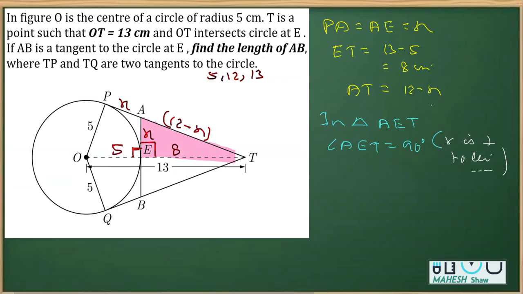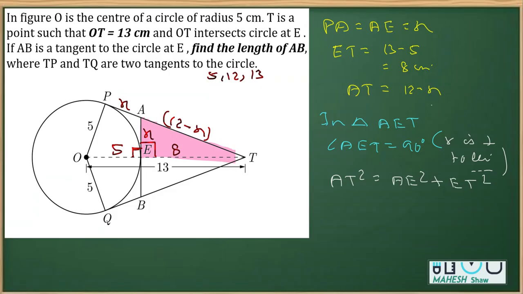Now in this triangle, I'm going to apply Pythagoras theorem, which says sum of the squares of other two sides is equal to square of the hypotenuse. That means AT is going to be the hypotenuse, the side opposite to 90 degrees. So AT square is equal to AE square plus ET square.